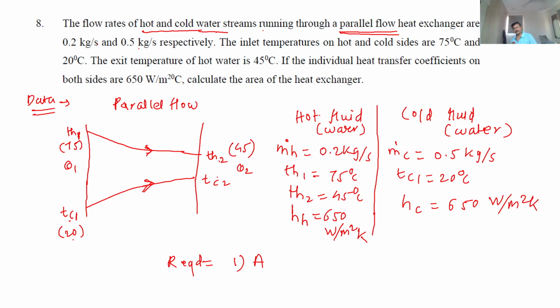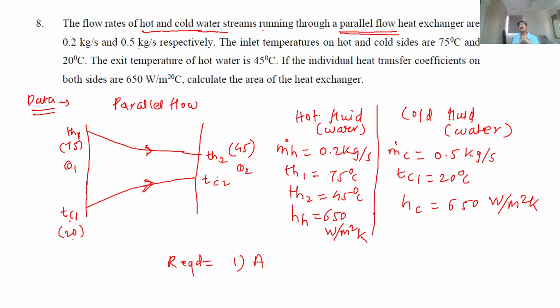Now you are saying, sir, whether these 2 approaches are alternative to each other? Yes, they are alternative to each other. But sometimes if the condition is not met, meaning if 2 temperatures are unknown out of 4, then we need to solve the problem only by the effectiveness NTU method.